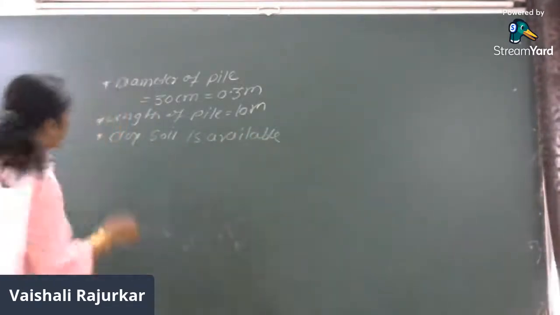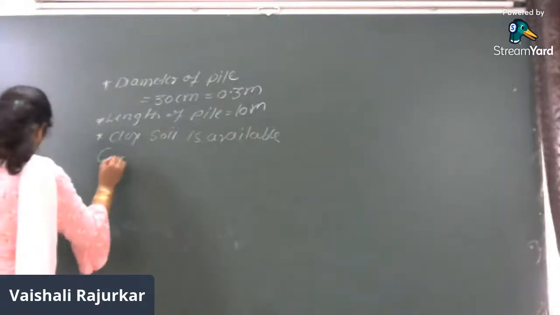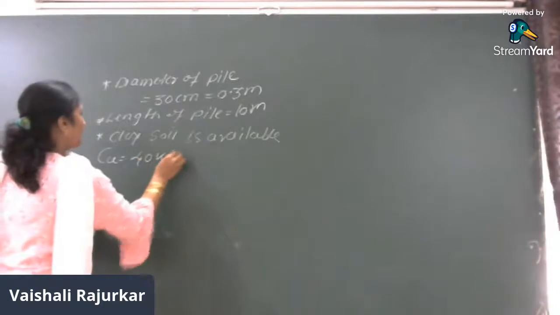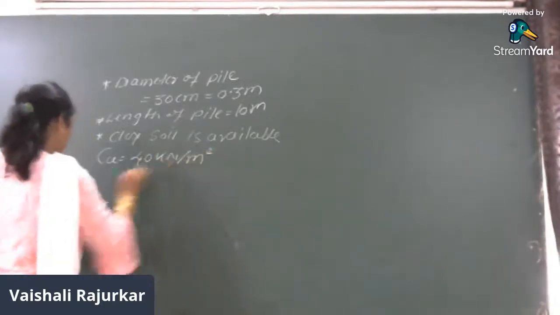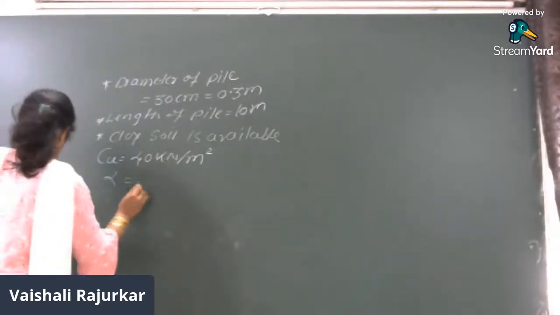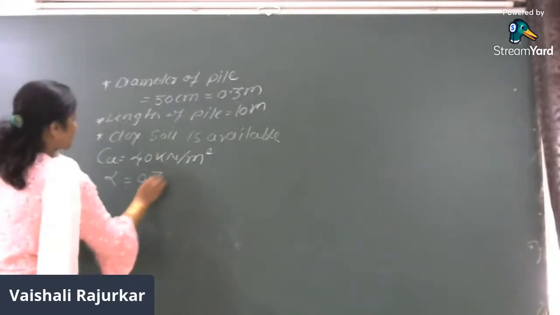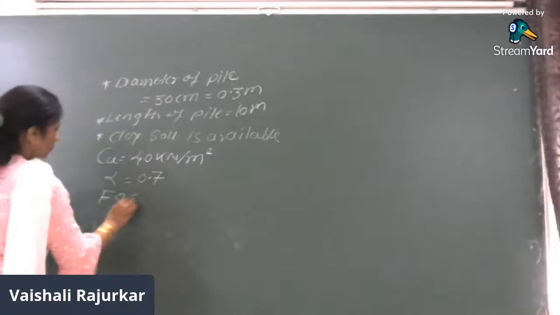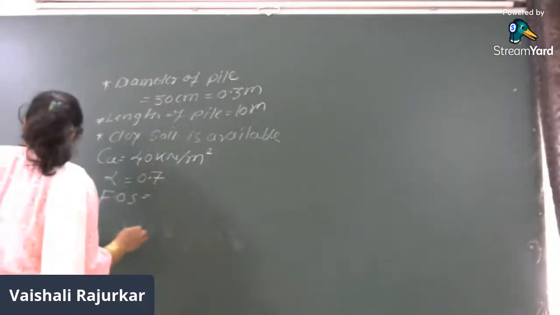The first and the very important is cohesion, which is taken as 40 kilonewton per meter square, and alpha is taken as 0.7. Then the factor of safety value is given as 2.5.